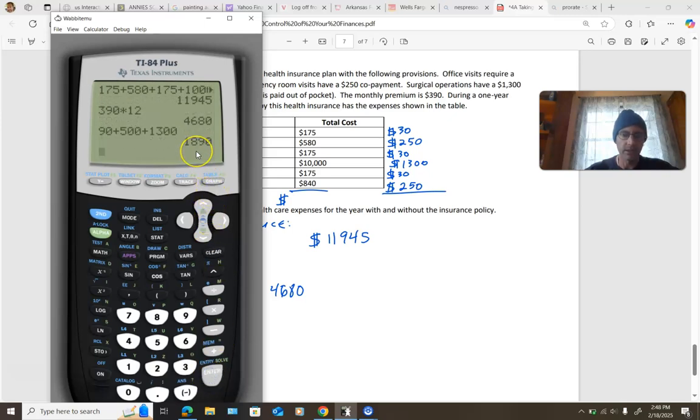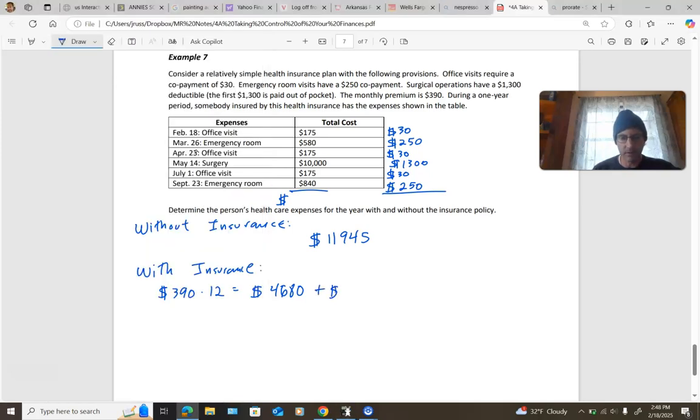All right, so this gives us an extra cost of $1,890. So you can clearly see here having insurance is going to be a lot cheaper. And that's because of this huge expense right here, okay? Because again, insurance really protects us against those big things, okay?